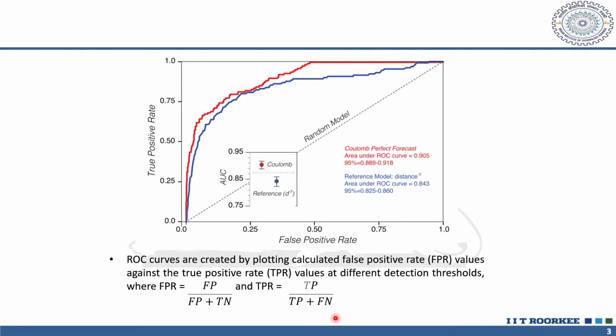True positive rate is defined by this equation, and it means how many correct positive results are present among all positive samples. For this ROC curve, the cutoff thresholds are defined by the stress change values, where stress values are first arranged in ascending order and then each stress value is used as a cutoff to calculate true and false positive rate.